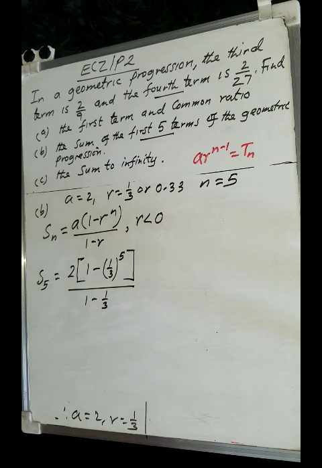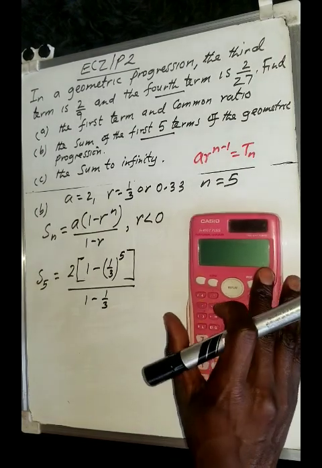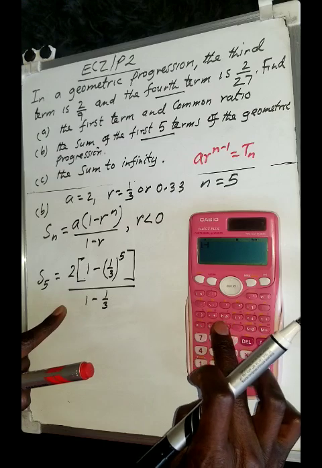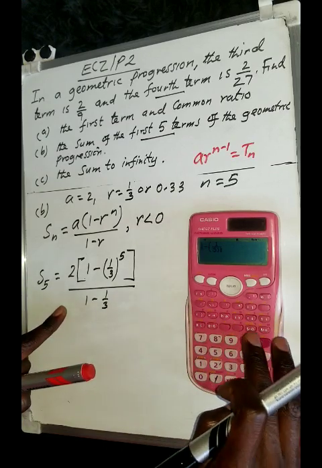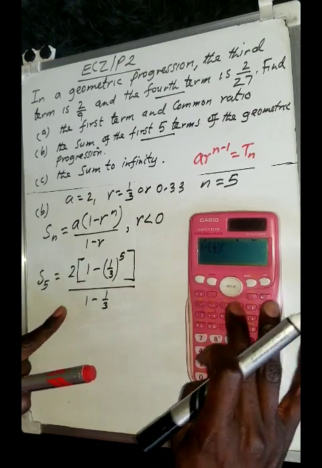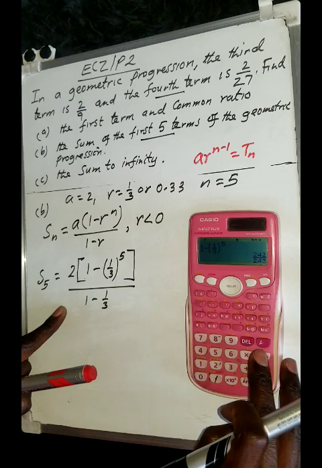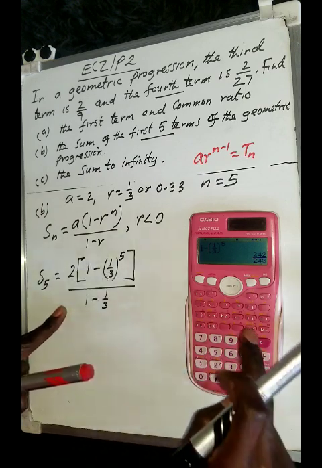So you just need to work out and do some mathematical gymnastics there. If you want, you can work that out and simply say 1 minus, open bracket, 1 over 3, close bracket. Then you raise this to the power 5. So what is that going to give you? I've worked out all that stuff.